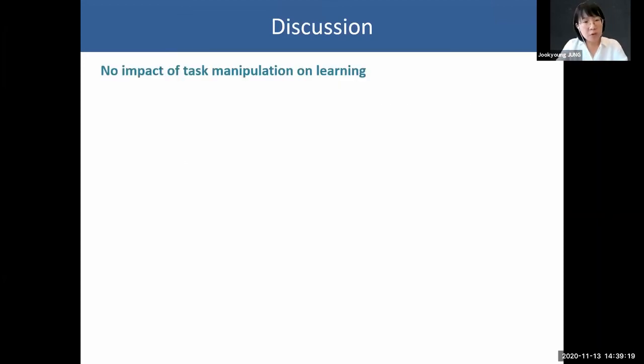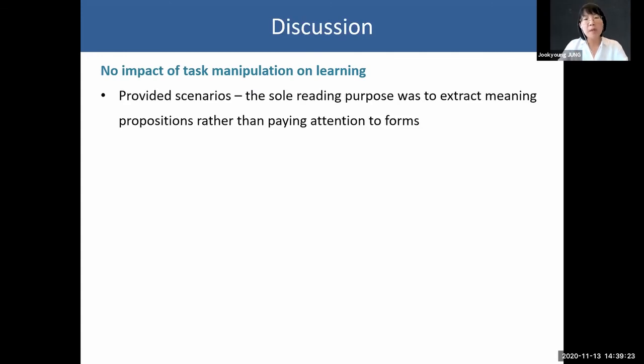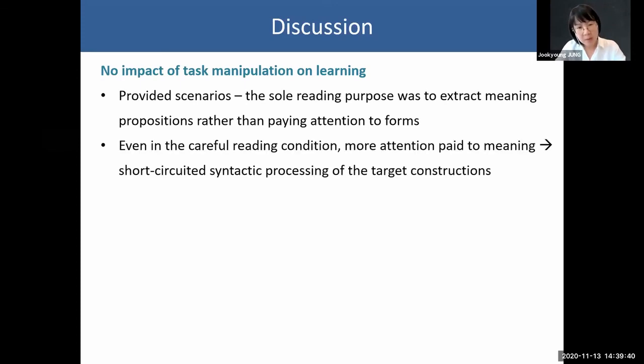And when it comes to the null impact of task manipulation on learning, to provide a scenario, you are reading this text to prepare for an upcoming presentation. Even in this complex condition, the sole reading purpose was to extract the meaning propositions rather than paying attention to forms.